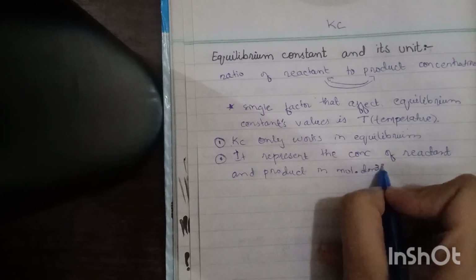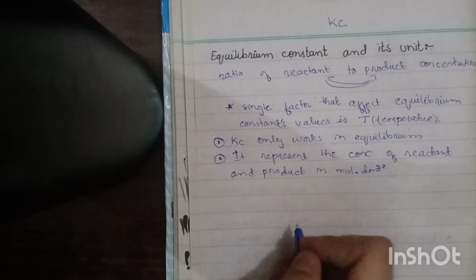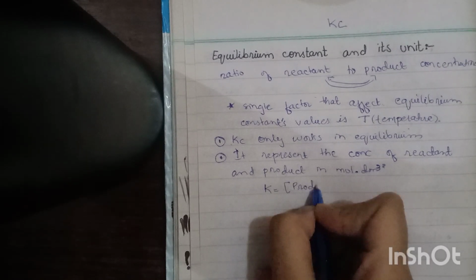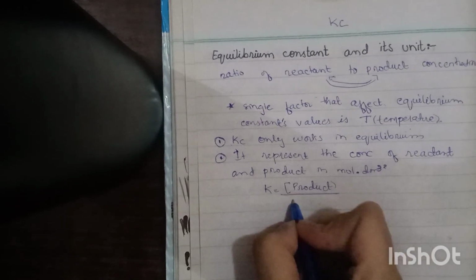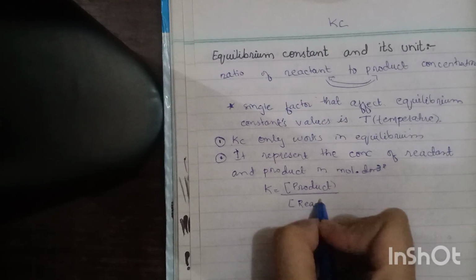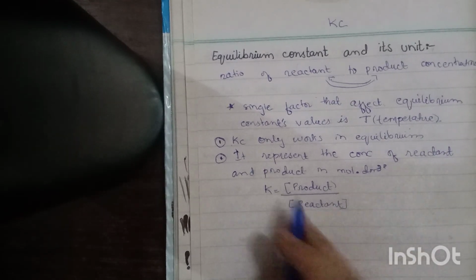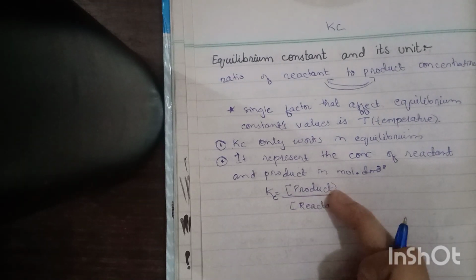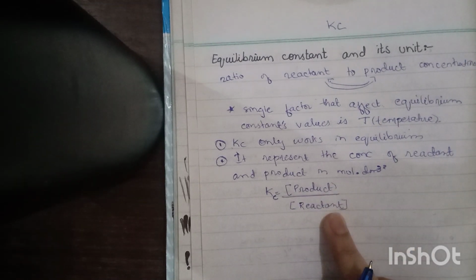Sorry, it's not minus, it's here. As we have discussed the formula, Kc is equal to product upon reactant. So what does this mean? Kc is showing us the concentration of product and the concentration of reactant here.